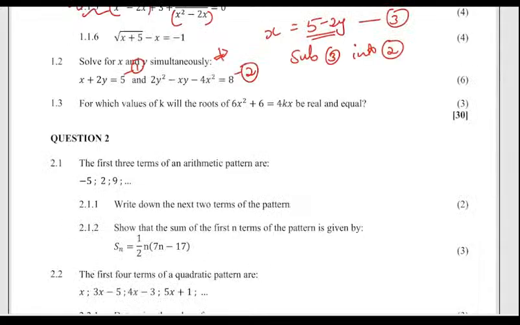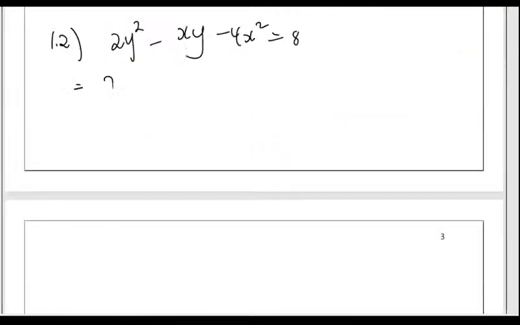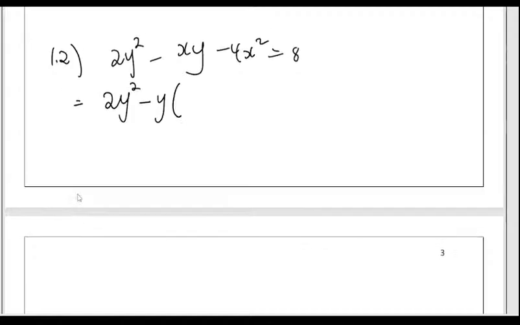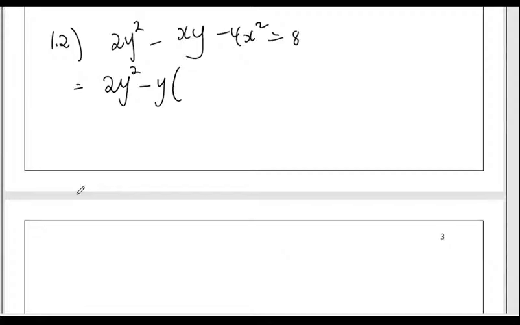That was, no, it's rather the second equation, okay? Let's substitute and see. So 2y squared minus y into, we say that our x should be 5 minus 2y, okay? 5 minus 2y minus 4 into 5 minus 2y squared.